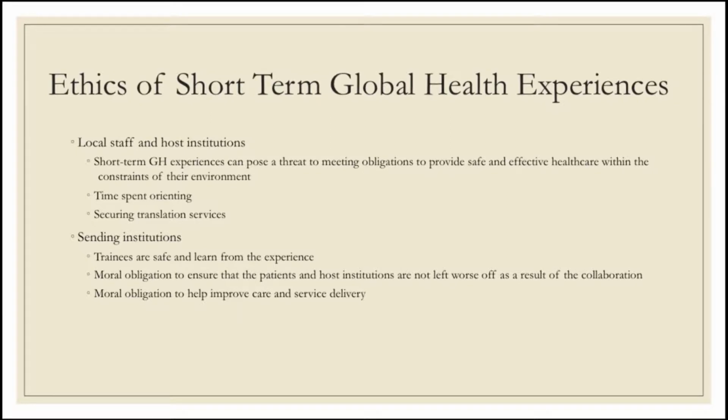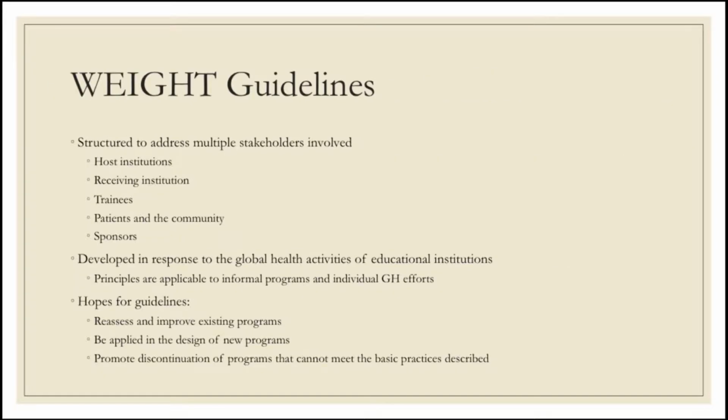However, they may have limited resources for assistance, and so they should really think about justice and how to best use resources that they do have. So with all of these ethical considerations in mind, all of those four groups that could be affected by training in a global health experience, a group came up with what's called the WAIT guidelines, the Working Group on Ethical Global Health Training Experiences.